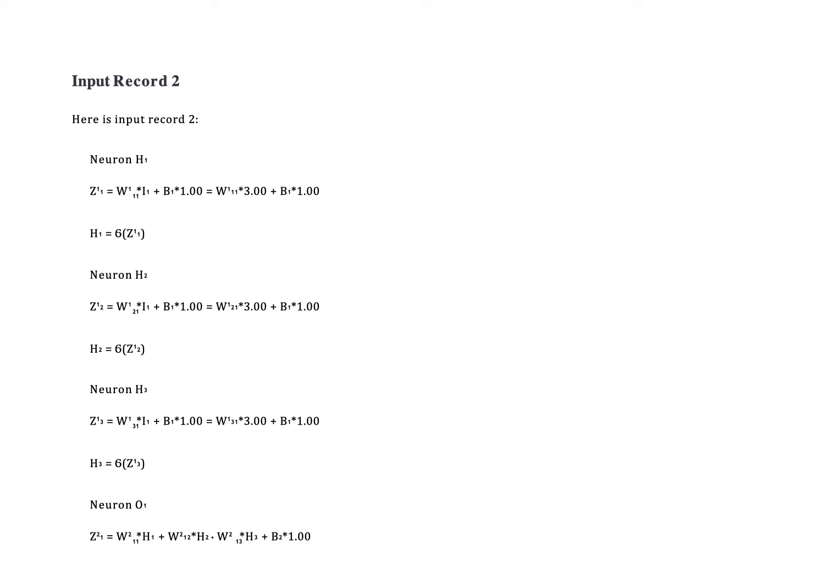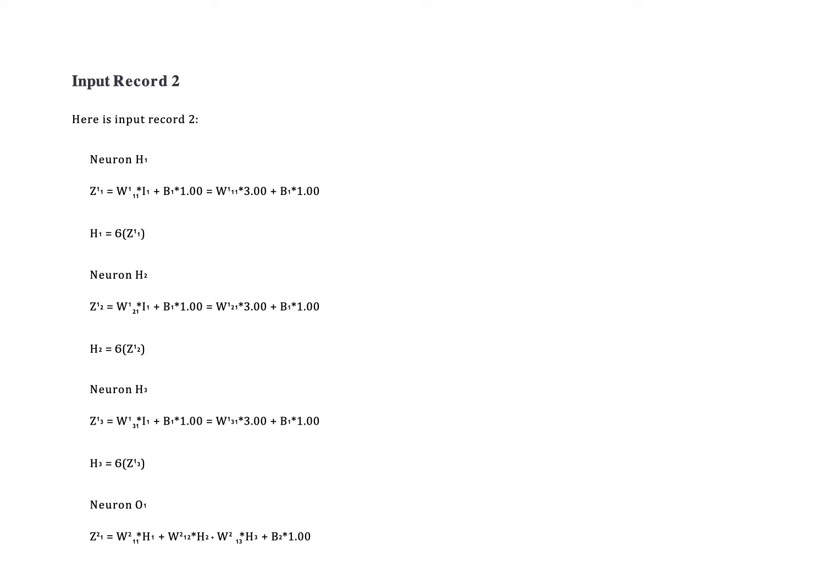Input record 2, neuron H1: Z11 equals W111 asterisk I1 plus B1 asterisk 1.00, equals W111 asterisk 3.00 plus B1 asterisk 1.00. H1 equals Z11. Neuron H2: Z12 equals W121 asterisk 3.00 plus B1 asterisk 1.00. H2 equals Z12.